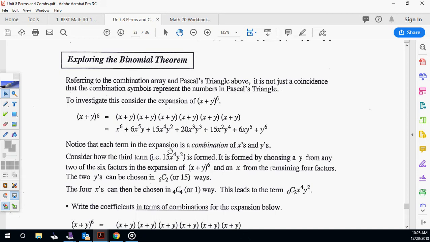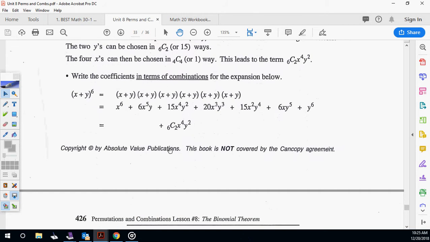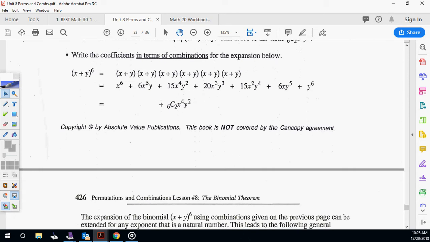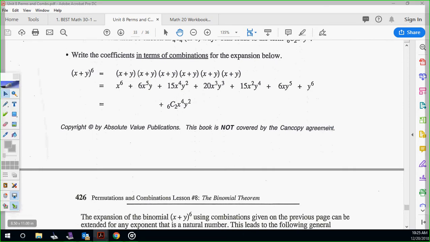Okay, so write the coefficients in terms of combinations. So we're going to write these coefficients in terms of combinations just for practice here because that's what we're going to do today. So it's going to be this right here. If you look at the chart at the top right there, it helps you. It is 6c0 x to the 6th, 6c1 x to the 5th y to the 1st.